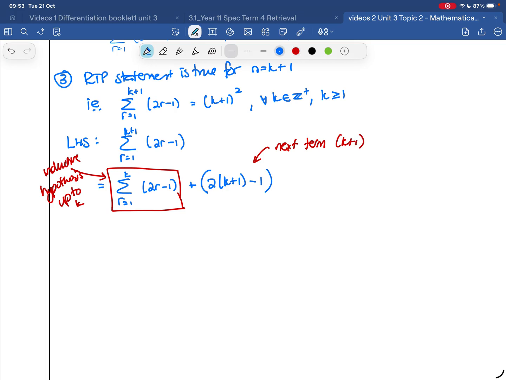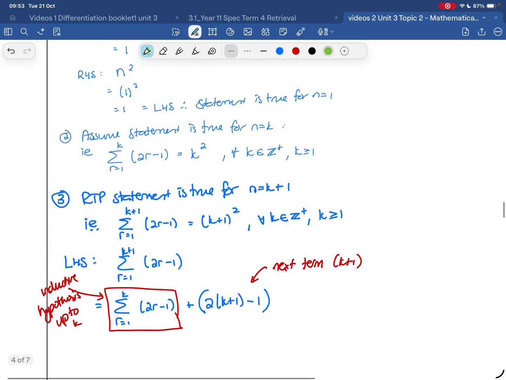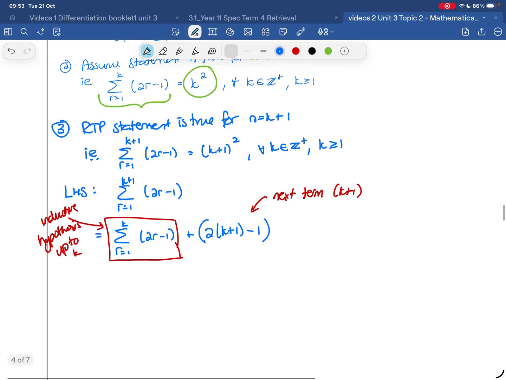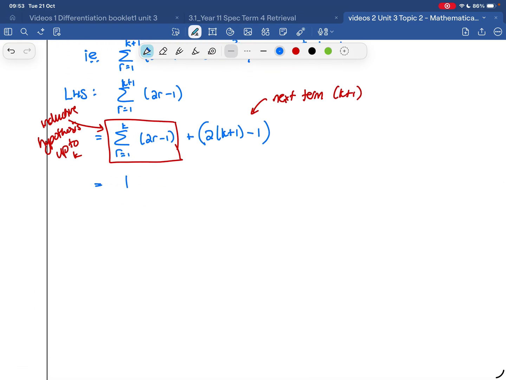Okay, now I'm writing it like that because if I go back to my inductive hypothesis, this thing over here is actually equal to k squared. So I can then quite easily say that is equal to k squared plus 2 minus 1, which is k squared plus 2k plus 1.